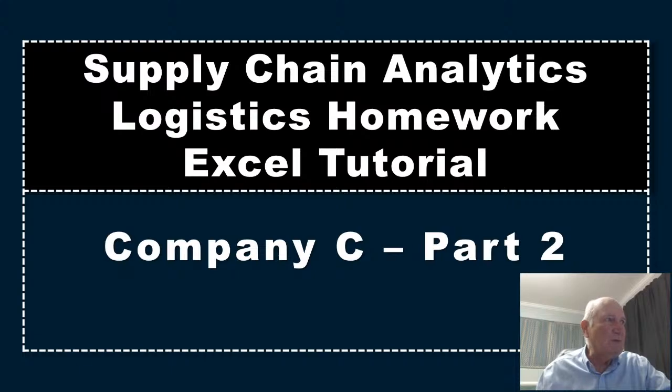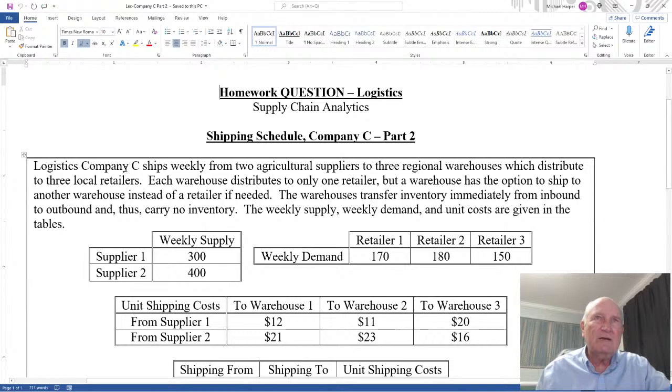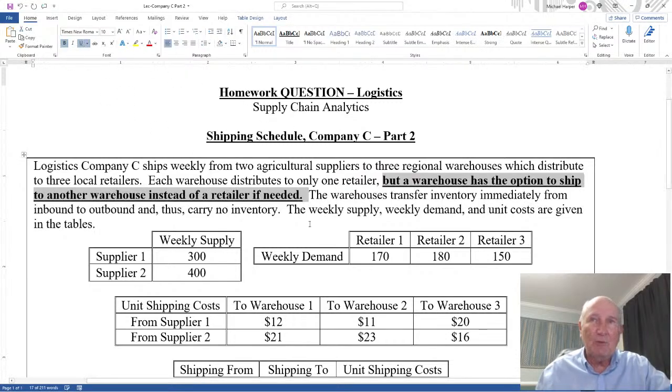So let's bring up the problem. In this problem, Logistics Company C ships weekly from 2 agricultural suppliers to 3 regional warehouses, which distribute to 3 local retailers. Each warehouse distributes to only 1 retailer, but a warehouse has the option to ship to another warehouse instead of a retailer if needed. And there's the difference between Part 1 and Part 2.